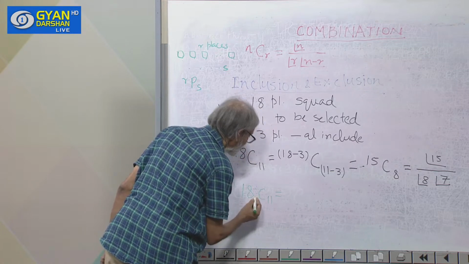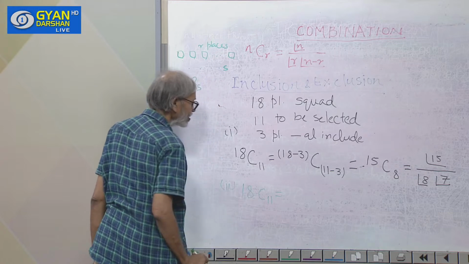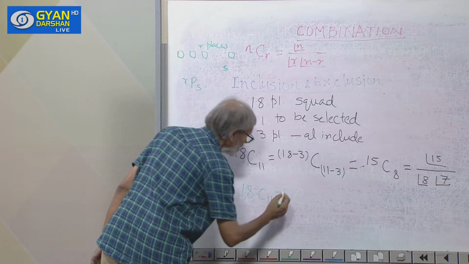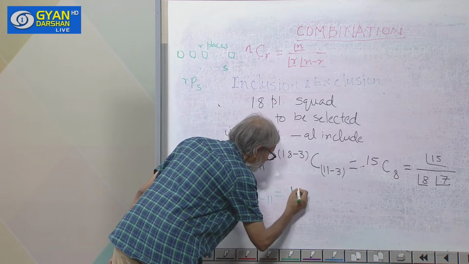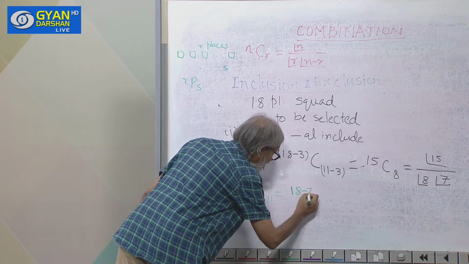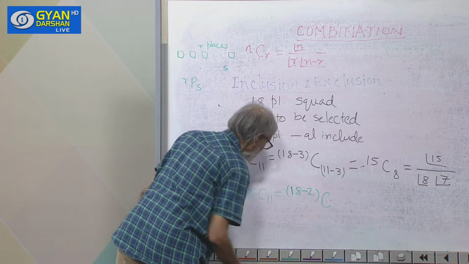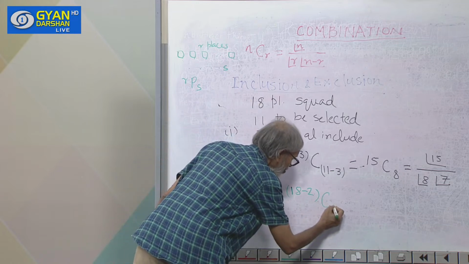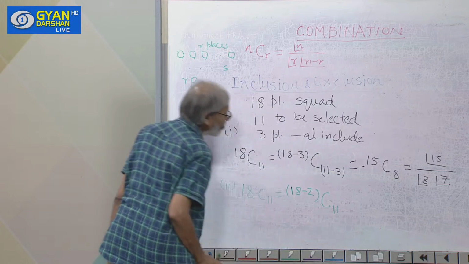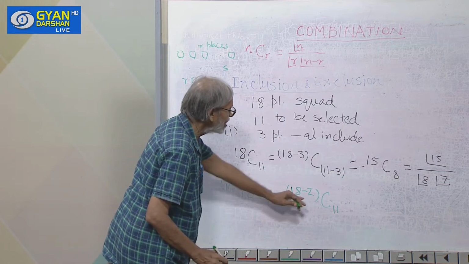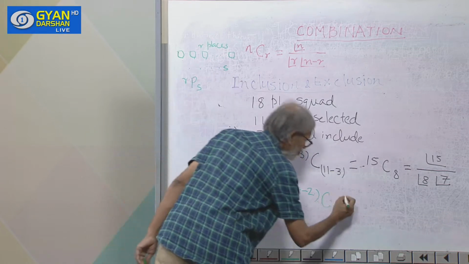since 2 players are injured, we do not consider those 2 players as our domain. So it will be 18 minus 2 C11, because we have to select all the 11 players from the remaining 16 players.